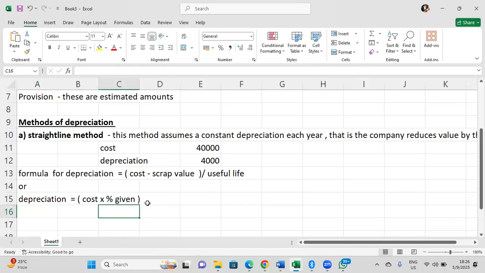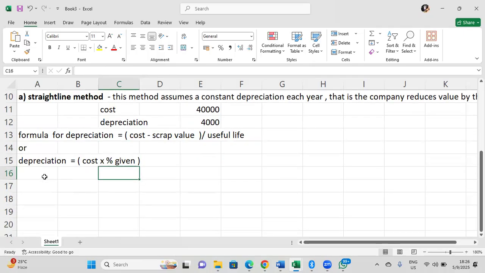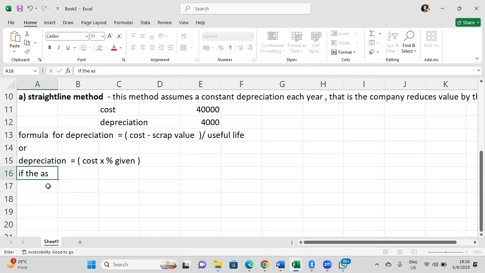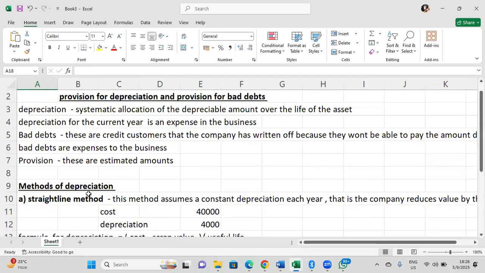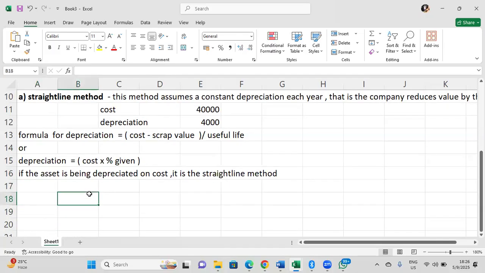If you're given the cost and the percentage of depreciation, if the asset is being depreciated on cost, it is the straight line method.